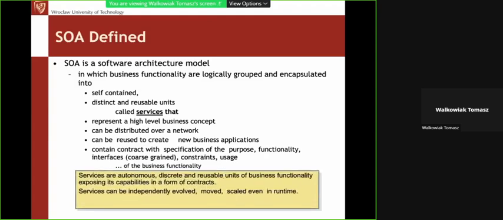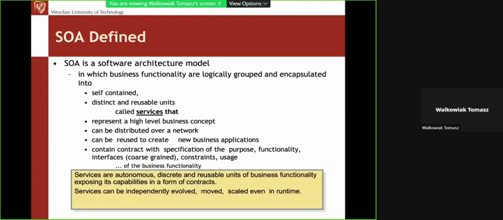So services are autonomous, discrete, reusable units of business functionality, exposing their capabilities in the form of a contract. We formally define what we can do, and they could be independently evolved, moved, scaled, even at runtime. This is another very important aspect.